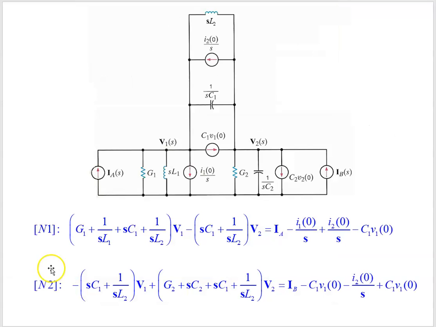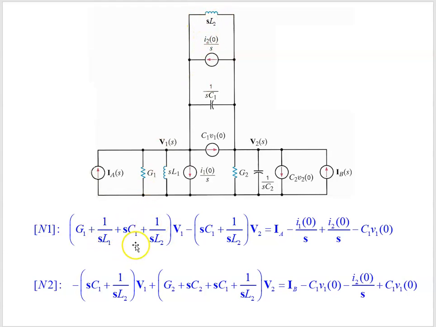But we can go ahead then and write those nodal equations. So when we write those nodal equations, we have V1 times G1, or V1 divided by R1, which is V1 times G1, V1 divided by our SL1, or V1 times 1 over SL1, which is the admittance. And then up here, V1 divided by 1 over SC1, so we multiply by SC1, and V1 divided by SL2.